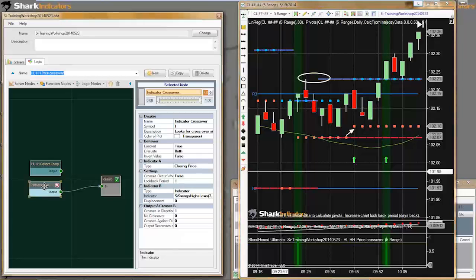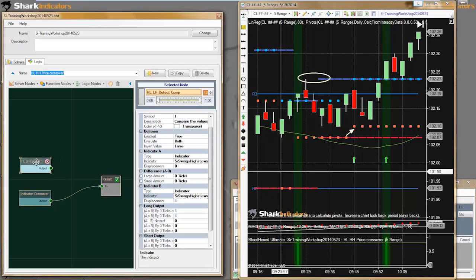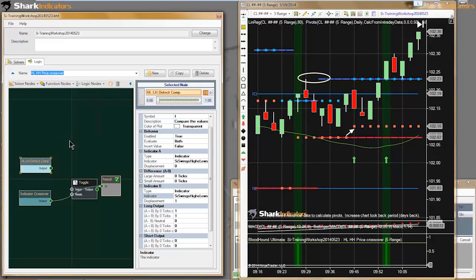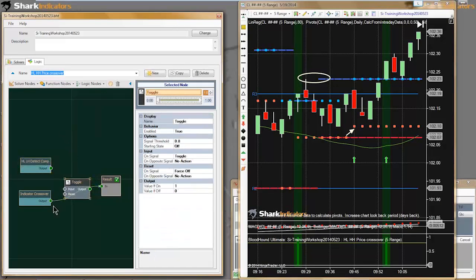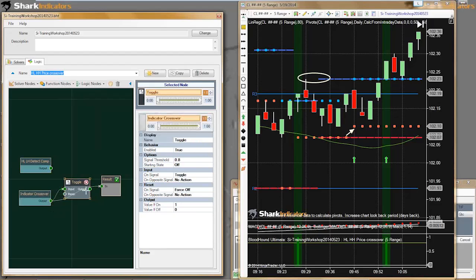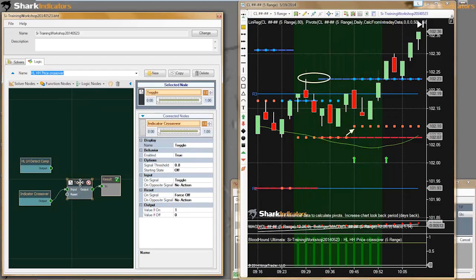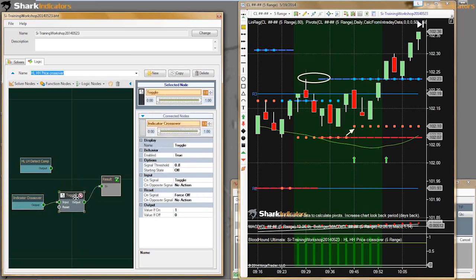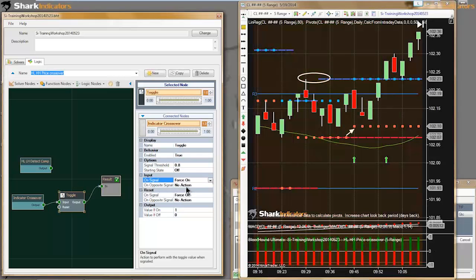And let's see, how about I'll try and use the toggle node to do this. So with the toggle node, when we get a signal coming into the toggle node, I want to force it on, and then if we get an opposite signal, I believe I'll want to force it off.